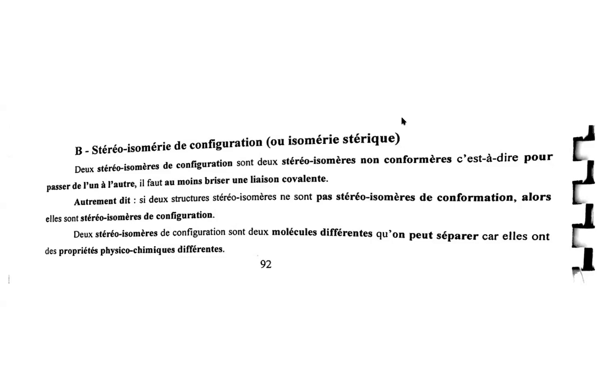Because with an isomère de conformation, how can I explain? Bonds can be twisted and turned. You cannot break them, but you can just twist them and turn them. There is no steric hindrance there. But now, when you come to stéréo-isomère de configuration, there is need for us to break a liaison for us to make another liaison.